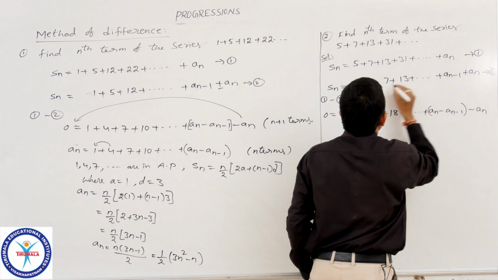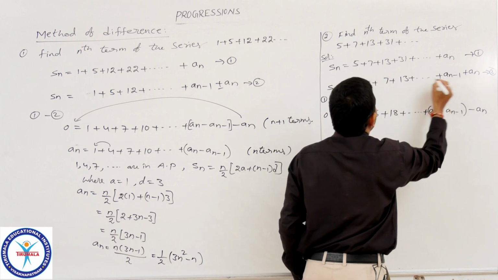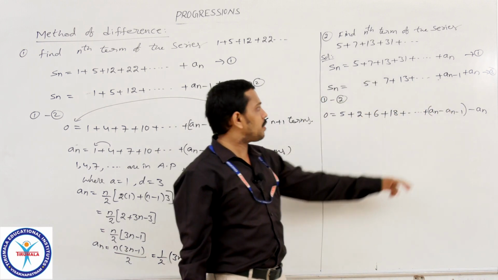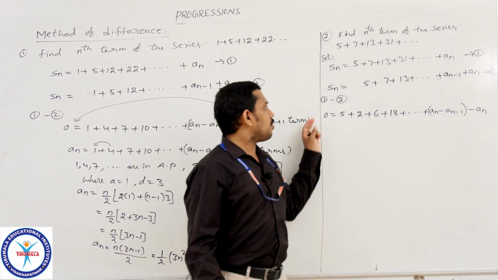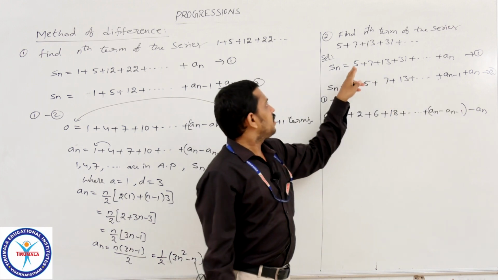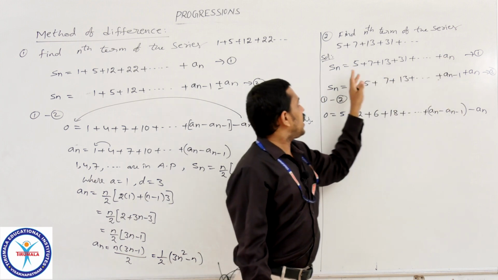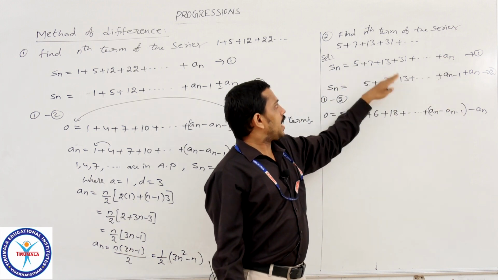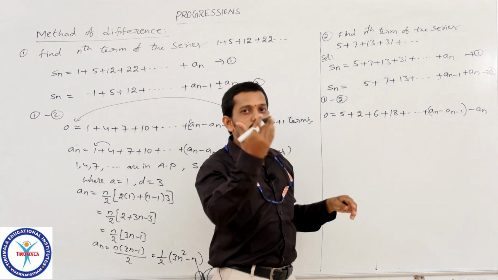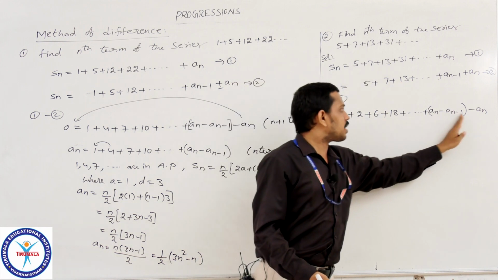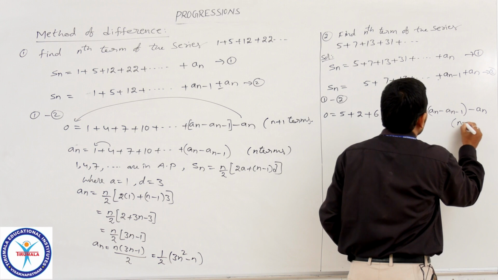By subtracting, the signs will change, this is minus, all are minus. So, minus An. Now, how many terms are there? Here n terms, already n terms, and here one term is added on the right side. So, the total number of terms here is n plus 1.